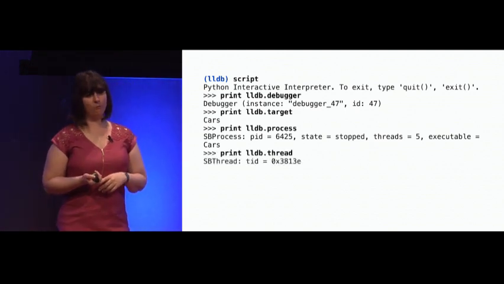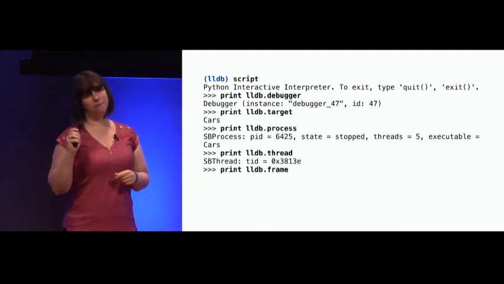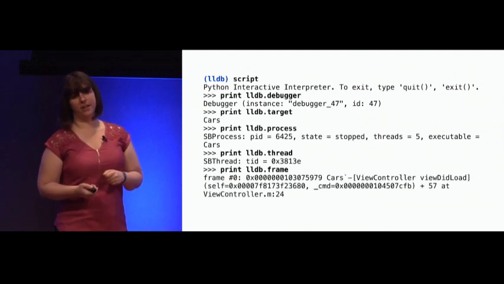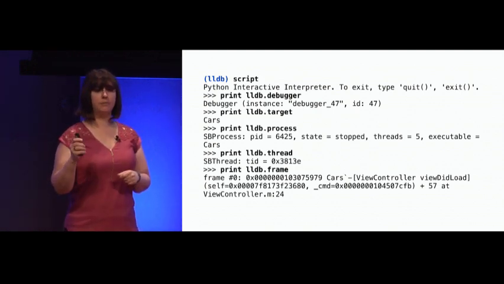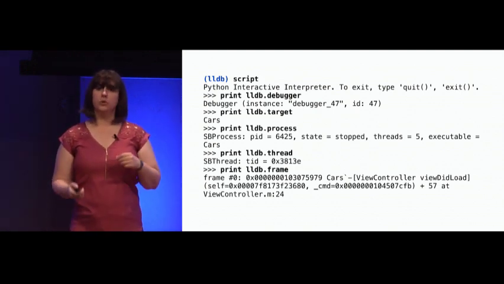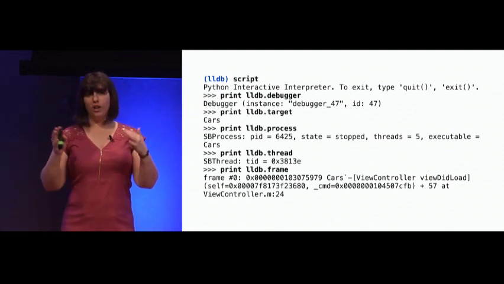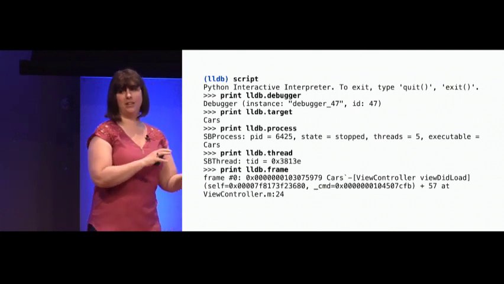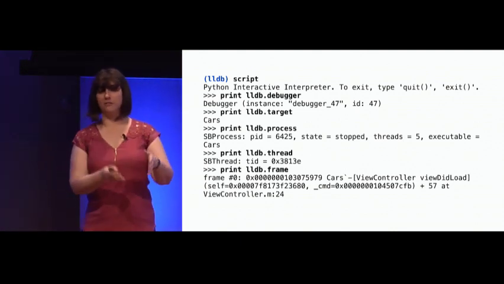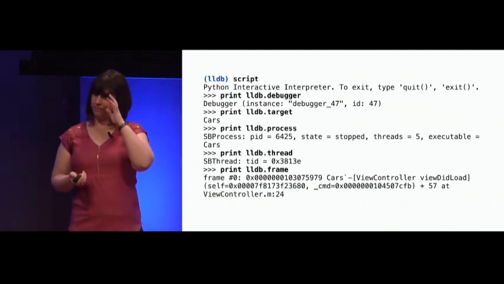I can look at the thread that lldb is stopped on, and then also check the frame that it's currently stopped on, which prints out, hey look, I'm in my cars project, and I'm stopped in viewDidLoad. So this lldb variable gives you access to do all the other commands we just talked about, using lldb in itself. All of that is available to you in Python this way.